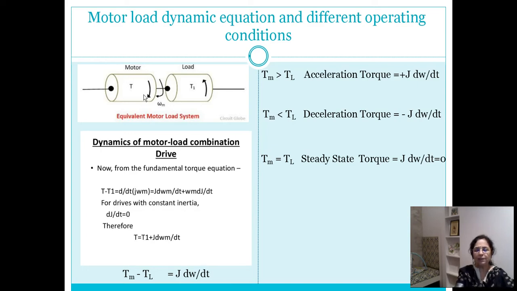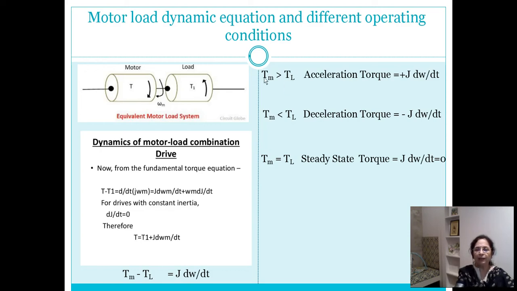So this is a dynamic equation. Any change in Tm or TL will generate J d omega by dt, either positive or negative, and then it will decide whether this combination should accelerate or reduce the speed.